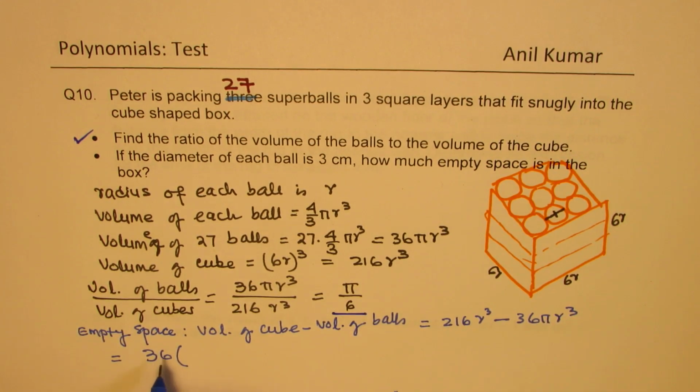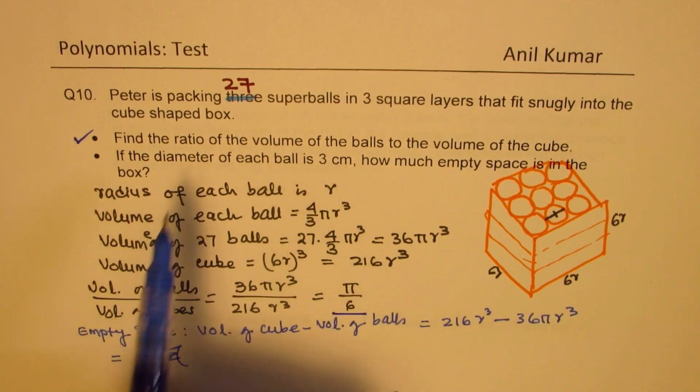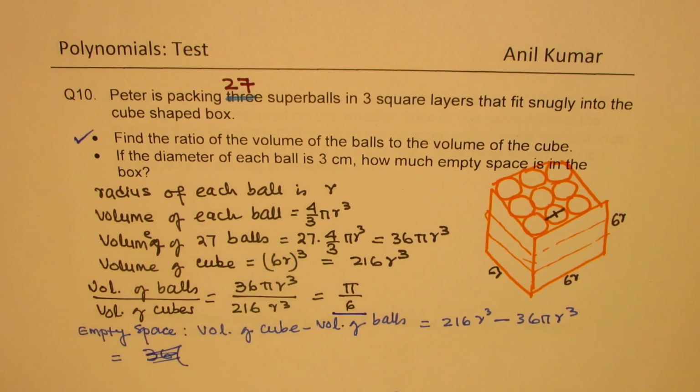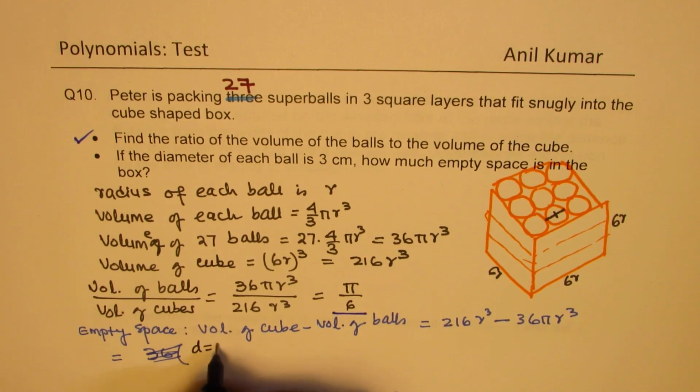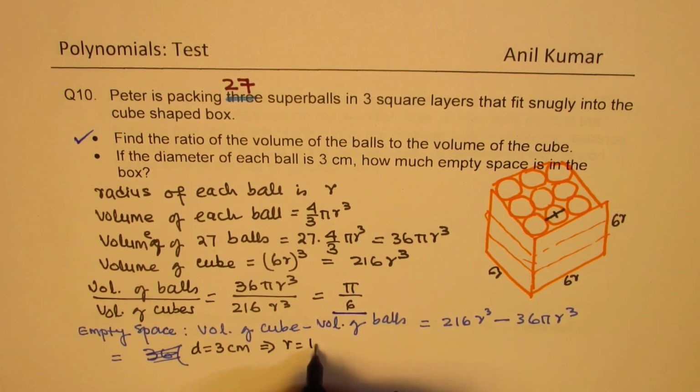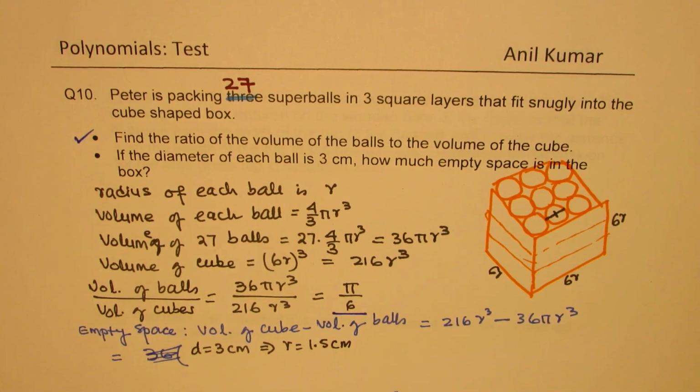We'll just substitute the value of r. If the diameter is 3 centimeters, right? So we are given here, diameter d is 3 centimeters, and that gives you the value of r as 1.5 centimeters. So that is important, right?